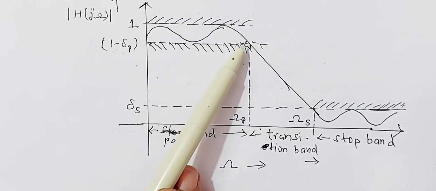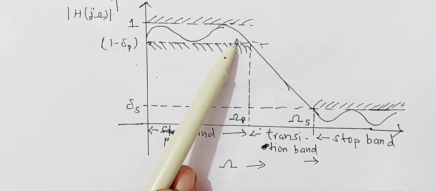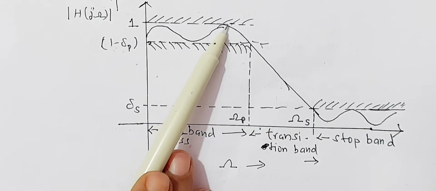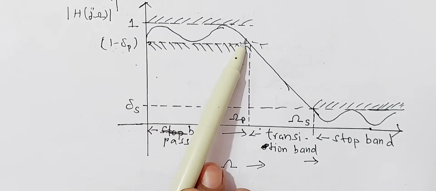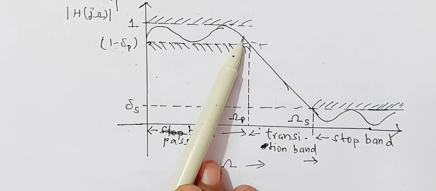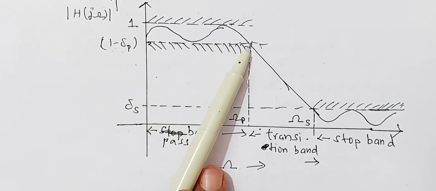If this is 1, this is 0.9. There is a change of only 0.1. 0.9 is almost equal to 1. Therefore, this is the allowed band. In this band the output is passed. Therefore, this is called the pass band.